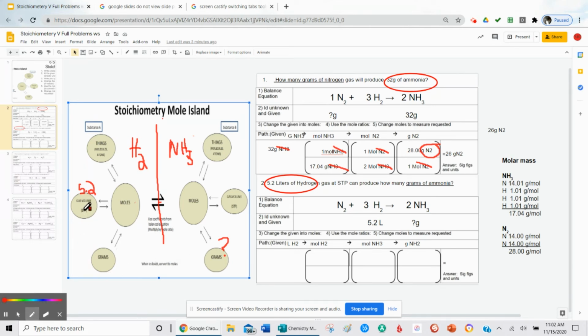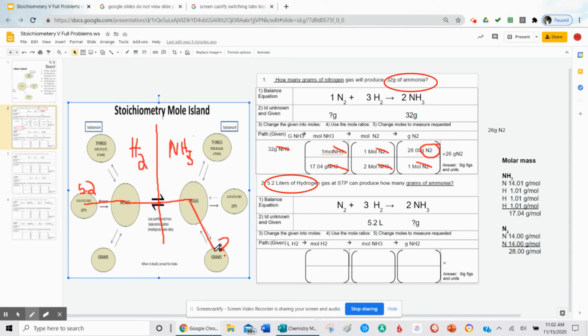We start at liters of hydrogen gas and go to moles of hydrogen gas. That would be a conversion factor of 22.4 liters for every 1 mole. Then we're going from hydrogen to ammonia, moles to moles. That's our conversion using our coefficients from our balanced equation. And lastly, we go from moles of ammonia gas to grams of ammonia gas.